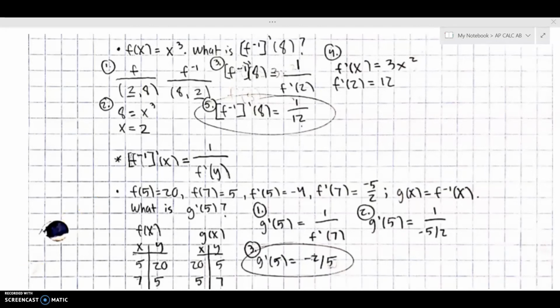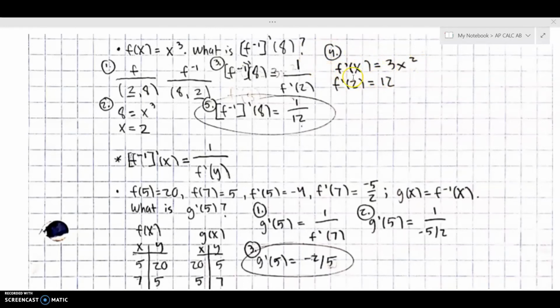Okay, so that's pretty simple. Sorry about that. You just want to differentiate this function. You get 3x squared, and then once you are trying to find the derivative at this point 2, you'll get 12 because you just plug in 2 and you get 12.